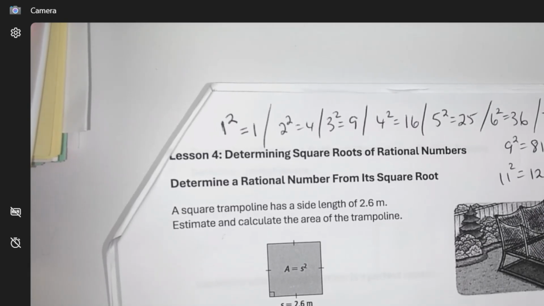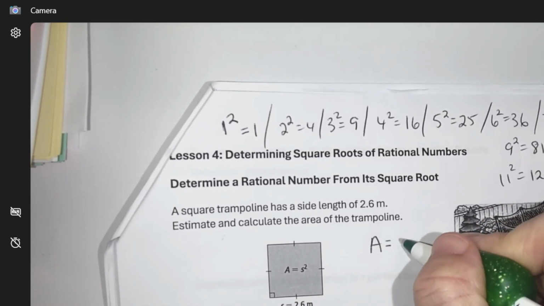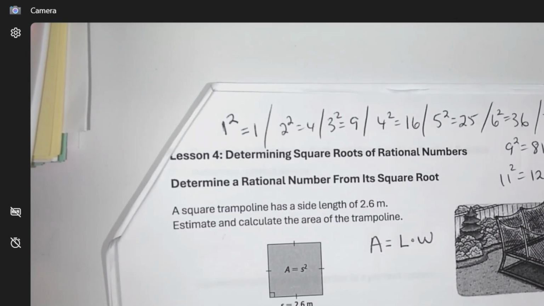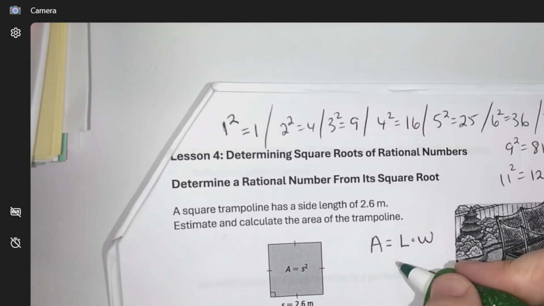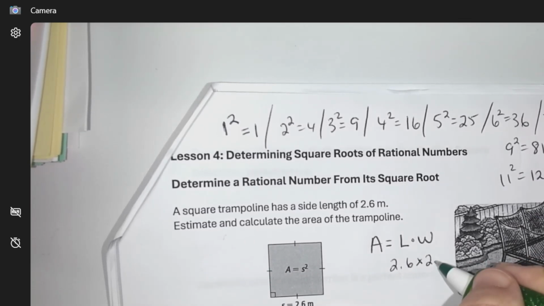Okay, so this first question talks about a square and the area of a square. Often we talk about area as the length times the width, right? You've probably seen something like that before. But on a square, the length is 2.6 and the width is also 2.6.